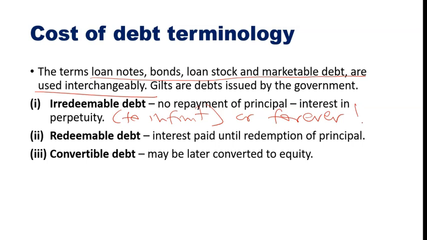This is a debt where the interest is paid until redemption of the principal. So it is a debt for a fixed, known period of time. Then convertible debt. This one may later be converted to equity at the discretion of the debt holder, or as allowed by the debt covenant.